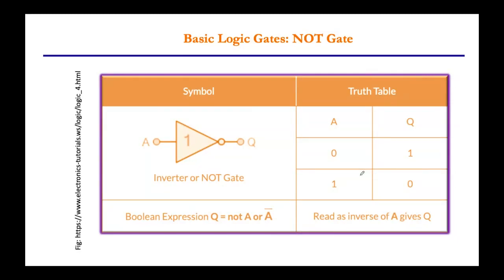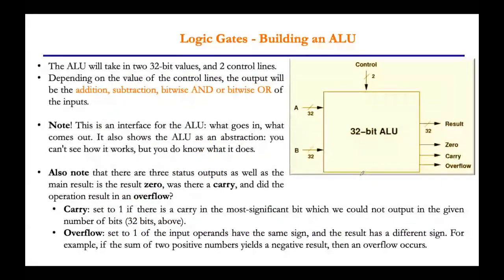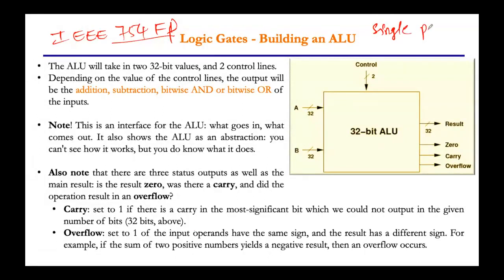So now, let us see the logic gates used to build an ALU. In our previous examples where we talked about the IEEE 754 floating point representation, we followed two methods: single precision and double precision.